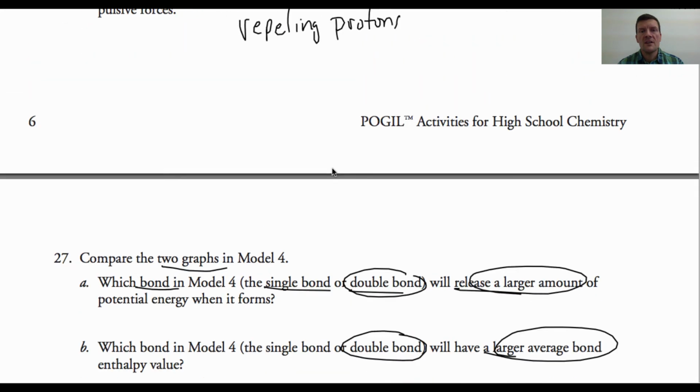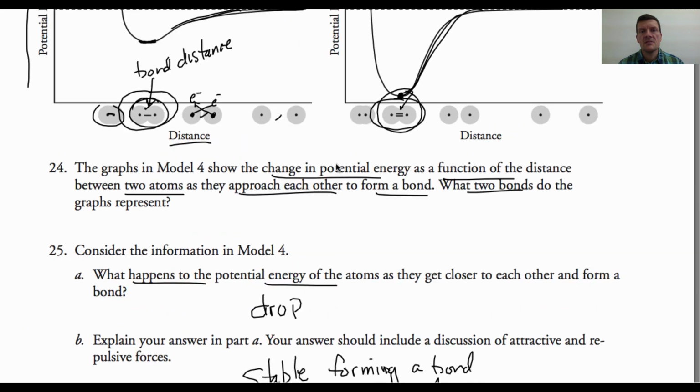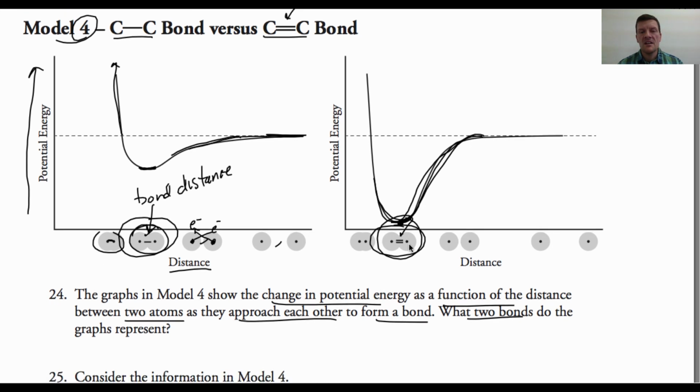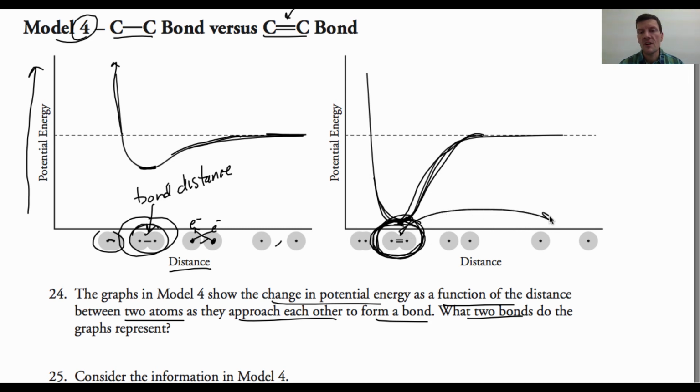All we have to do by looking at the graph is see that here we have a drop in energy. The drop in energy is much more dramatic here with a double bond, meaning that this bond here is at a much lower energy level. So if you were to try to go and reverse this whole process, look at how much energy you have to exert.